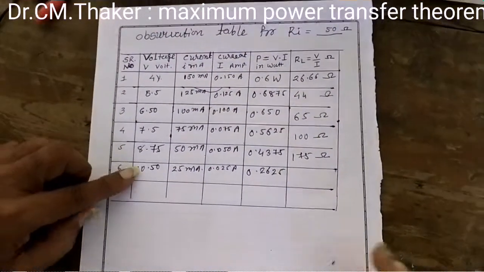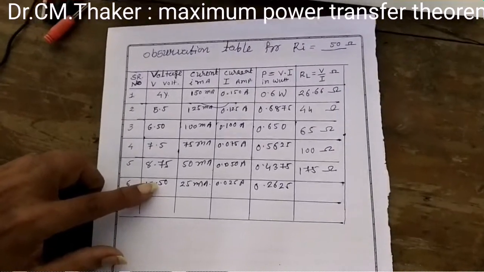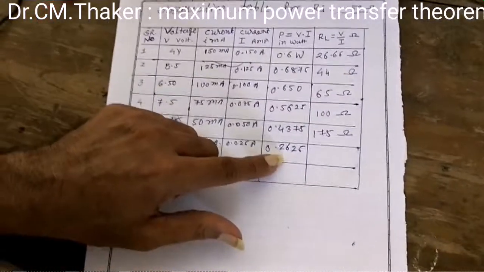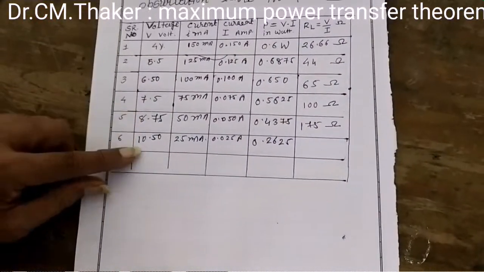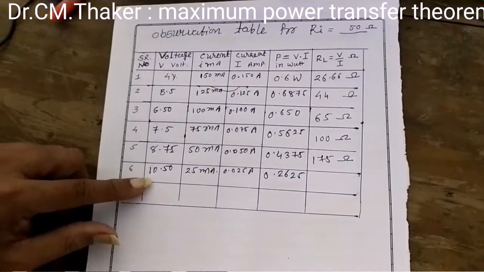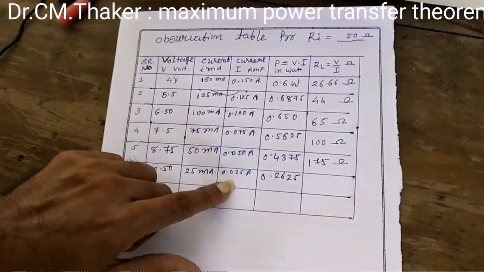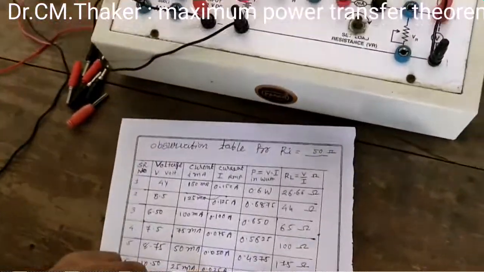And 10.5 divided by 0.025. This is 420 ohm, right?